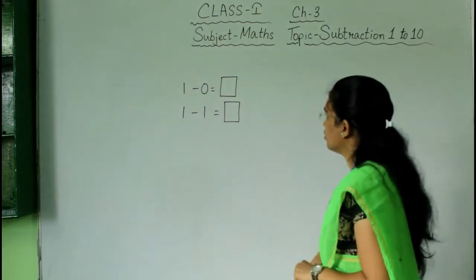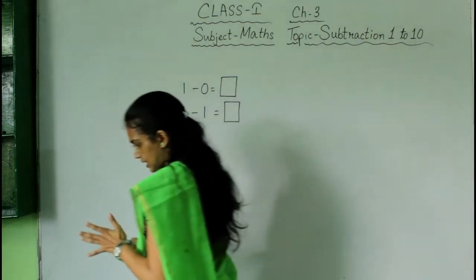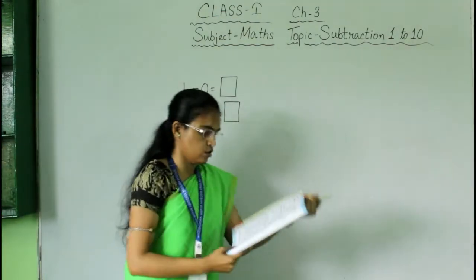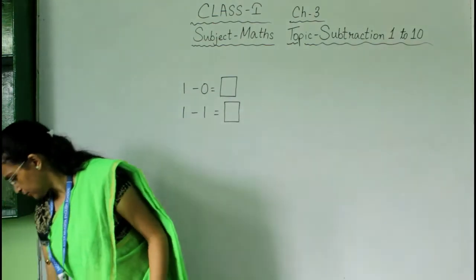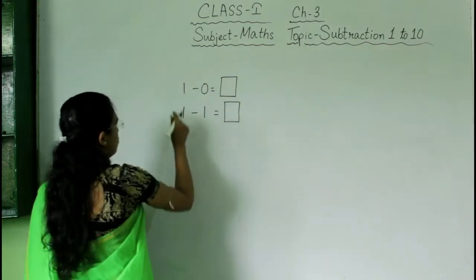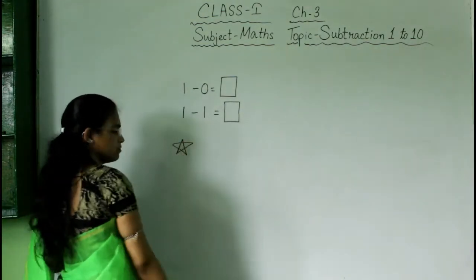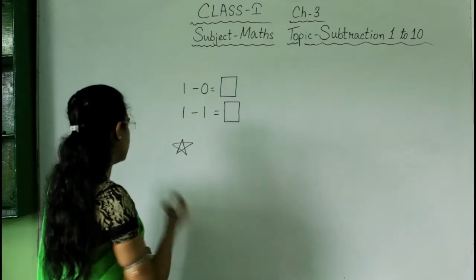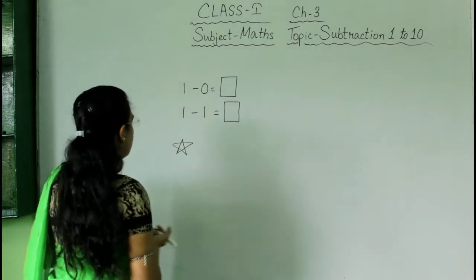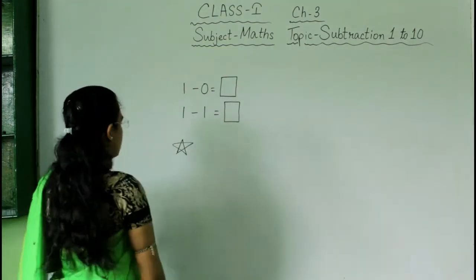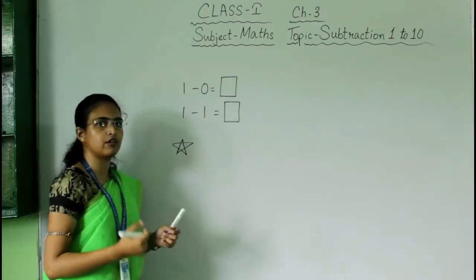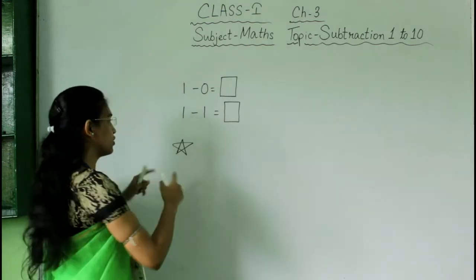Okay. Now we are doing another sum. That is subtraction facts. So suppose you have 1 star. Suppose you have 1 star and you want another star, okay? But nobody gives you another star, and after some time, your sister asks you to give this star to her, and you give this star to her.